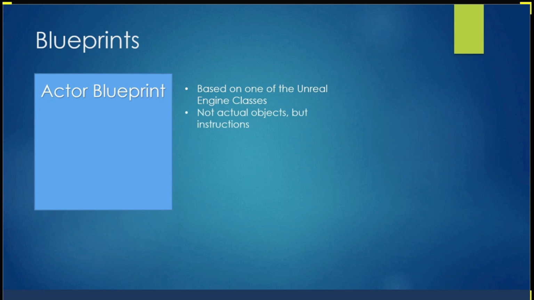So, for example, we may have an actor blueprint. An actor blueprint is not an actual actor. That is what we need to understand. An actor blueprint might not be an actor itself, because it has the instructions on how to make things work, how to make things move around, and how to make things do certain things.